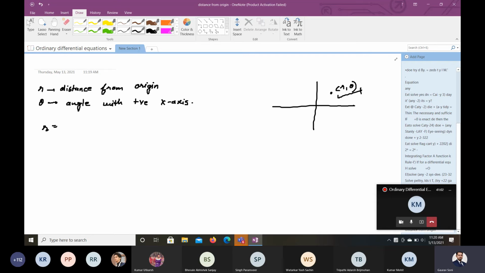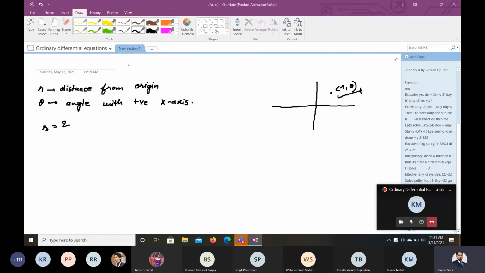Say if I write down r equal to 2, can someone tell me what it is? Can you collect all the points in a plane which will have a distance of 2 from the origin? As you said, r is nothing but the distance from the origin.